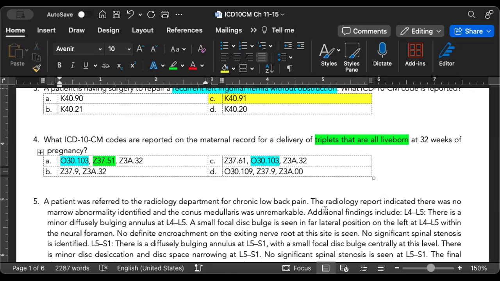So our last code that we have to code should be what? Not the code itself, but what in the scenario would our last code be that we should report? The weeks of gestation. Yep, perfect. So we've got 32 weeks of pregnancy.